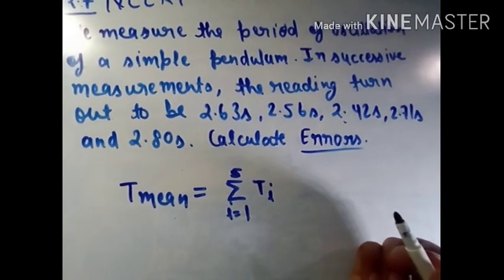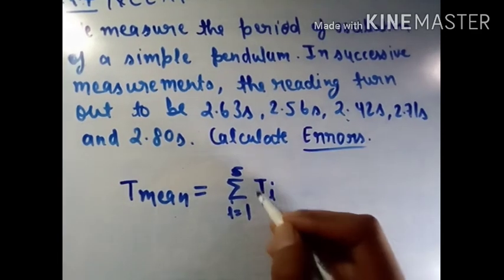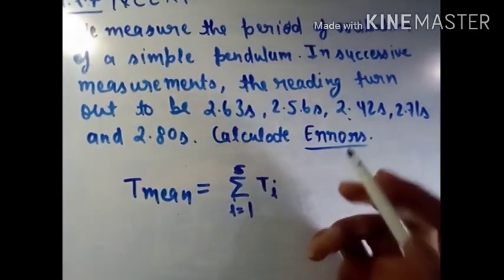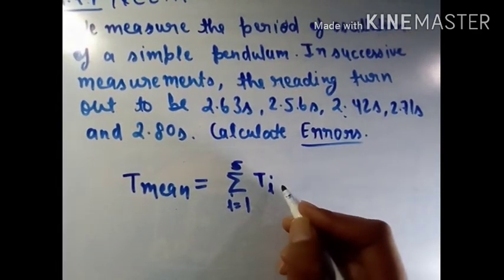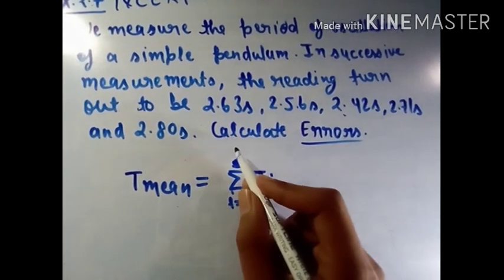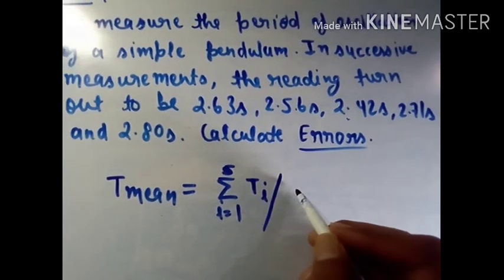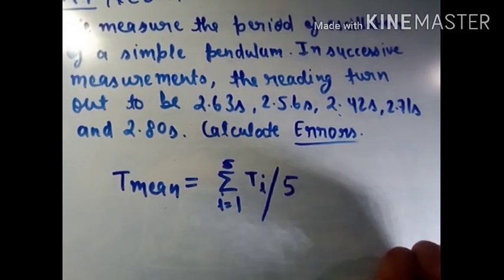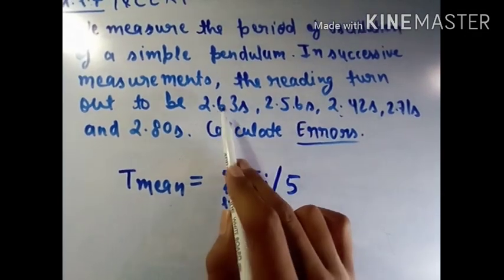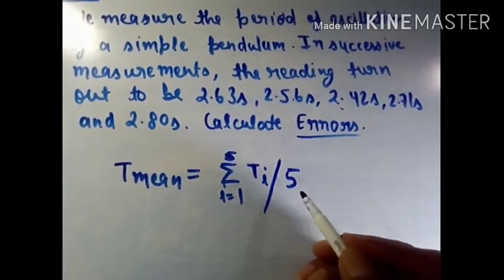Earlier I took Ai, but this time I'm taking Ti because these are time periods. So I'm writing sigma Ti from I equals 1 to 5, divided by how much? Good, 5, because the total number of measurements is 5. So for calculating the mean we will divide by 5.